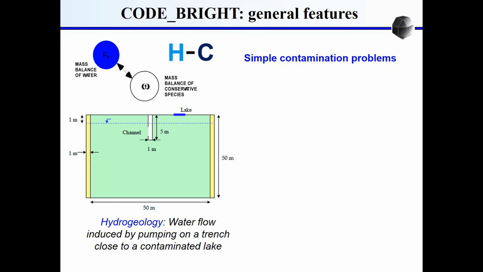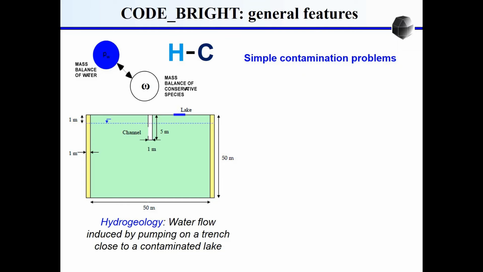If we mix this mass balance of water with the mass balance of conservative species, we can solve also simple contamination problems.